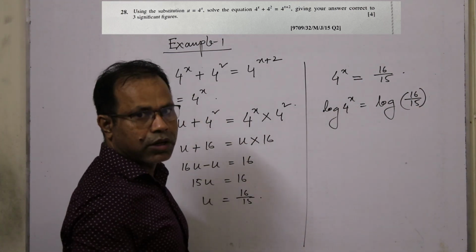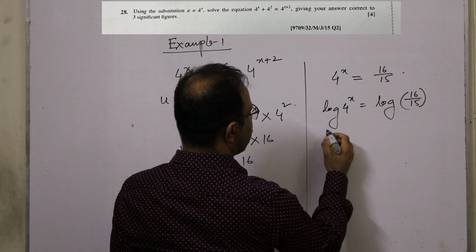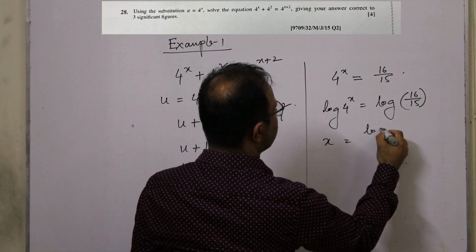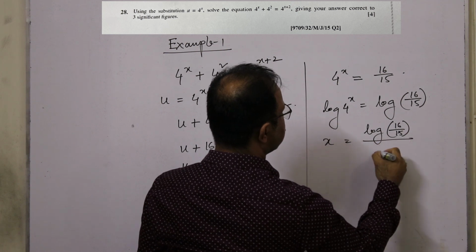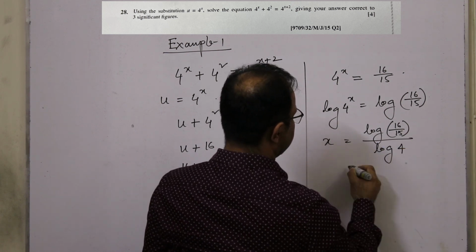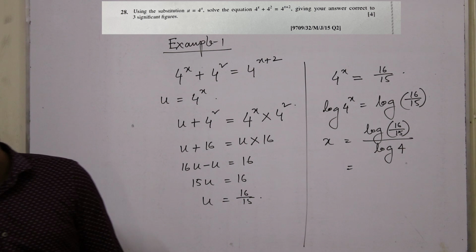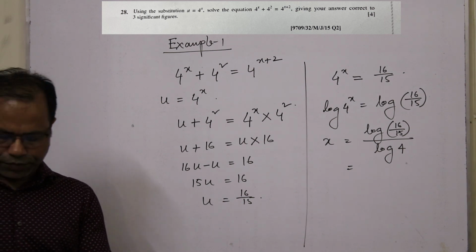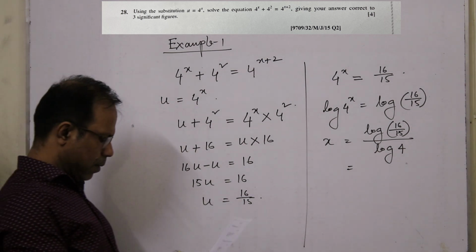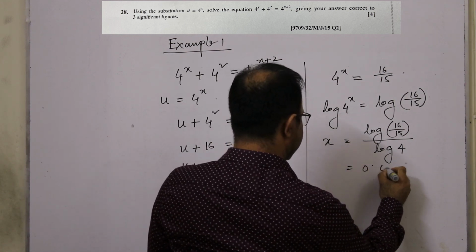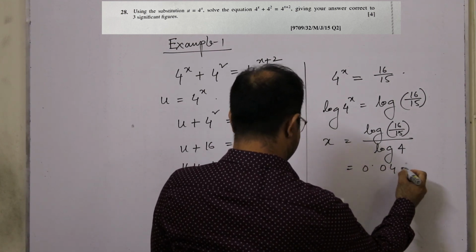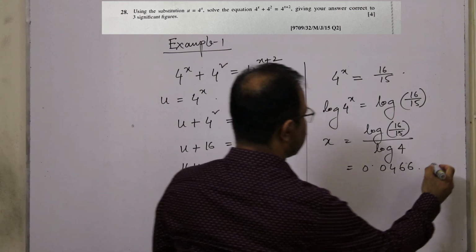The x will come to the front here. x equals log of 16 over 15 divided by log 4. And the final answer will be 0.0466. This is the answer.